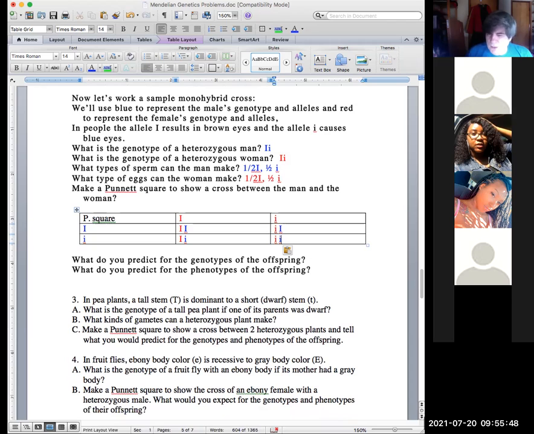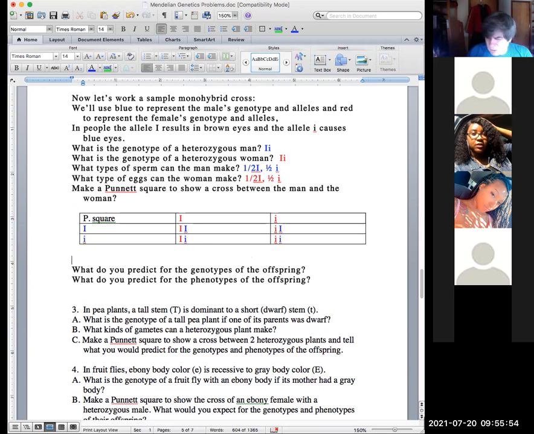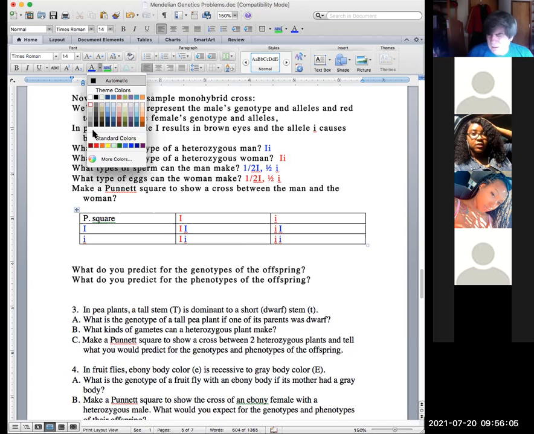Now notice, if you don't have a program where you can make tables very easily, you can do the same thing just by using tabs. I'm going to do this just using tabs.